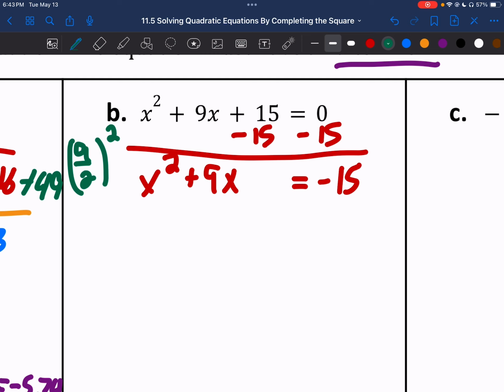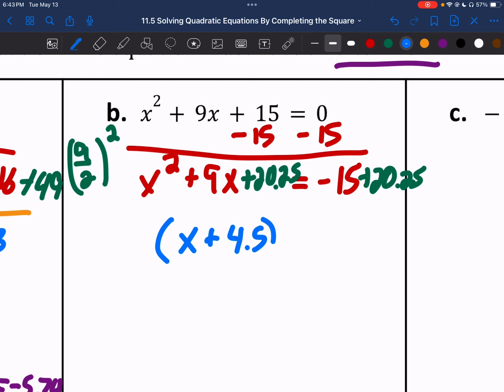So that's going to be plus 20.25. And when we do that, and we factor it, we have x plus 4.5 squared is going to be equal to 20.25 plus a negative 15, which is 5.25.